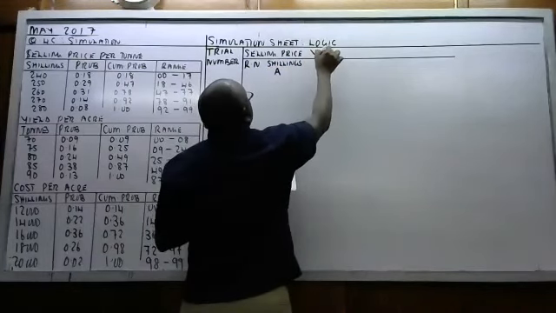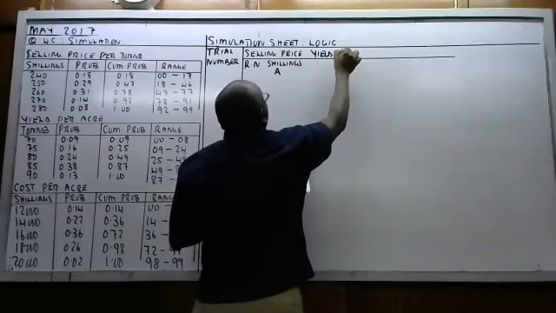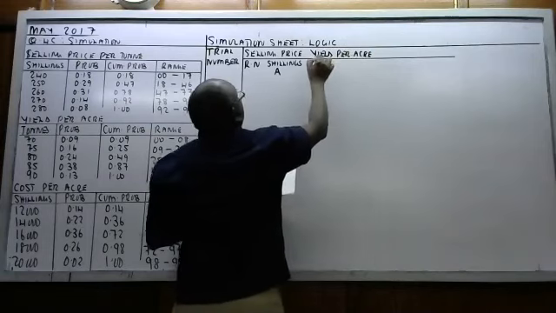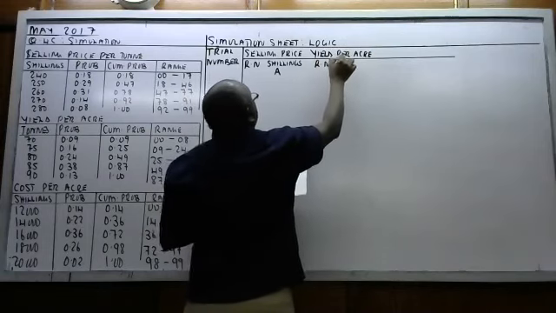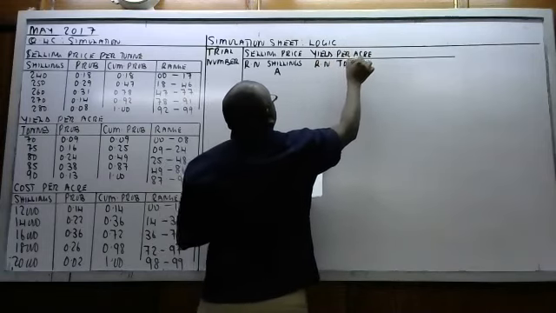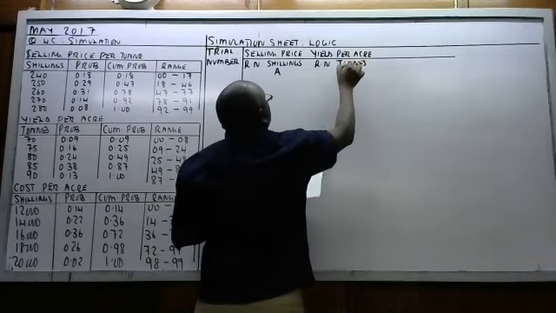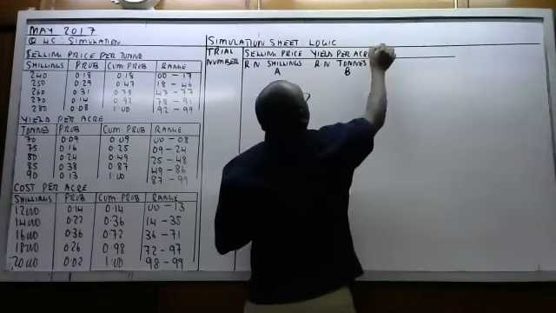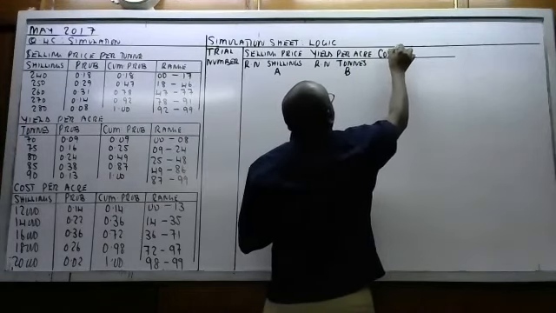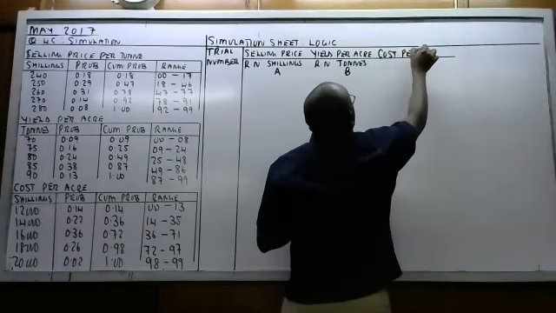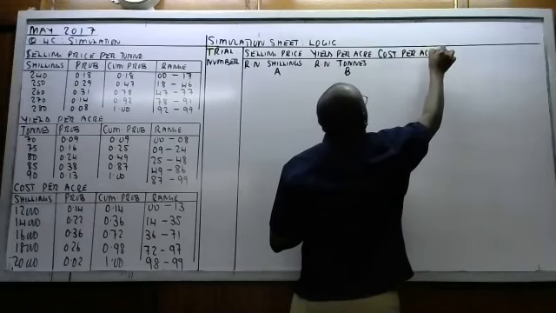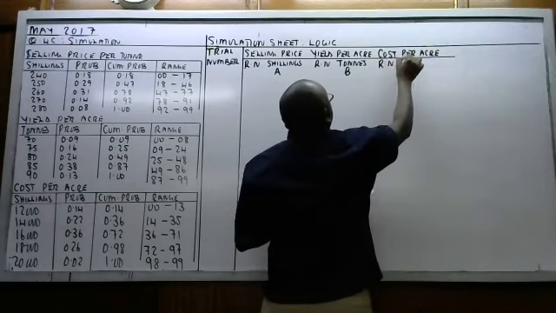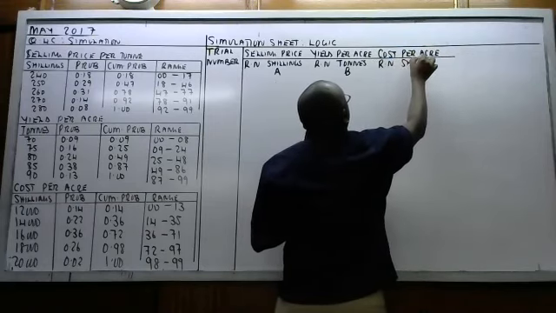Then we get yield per acre. We will have random number, and then we have tons, which I want to call B. Then cost per acre, a random number, and then shillings.